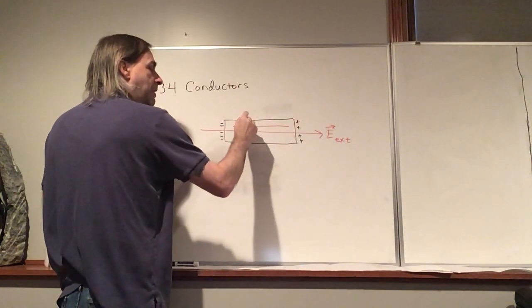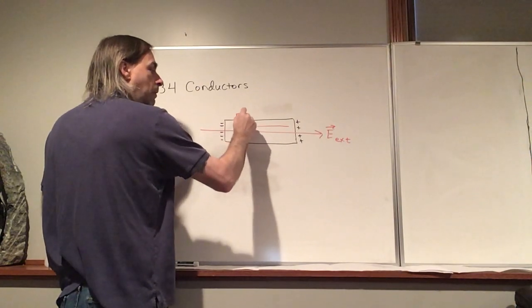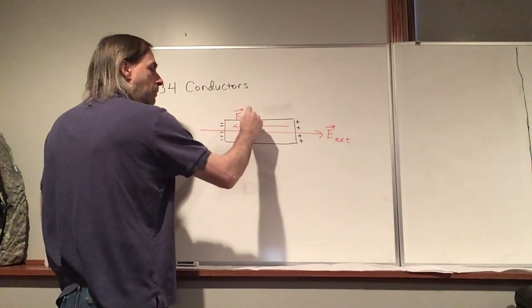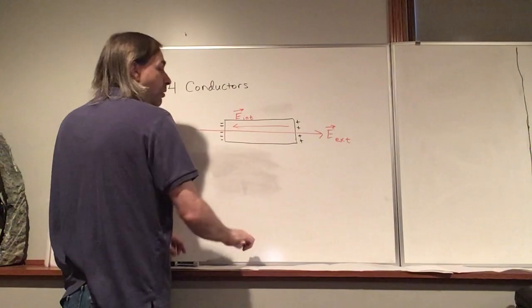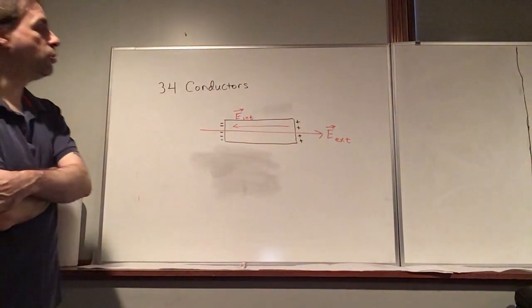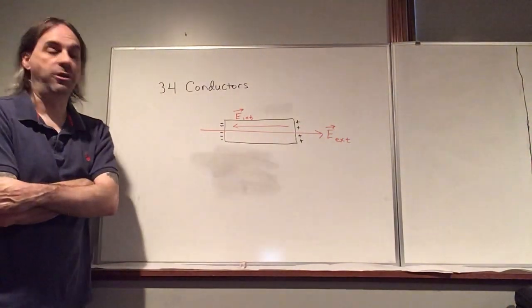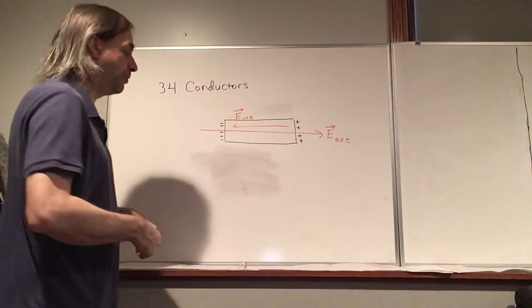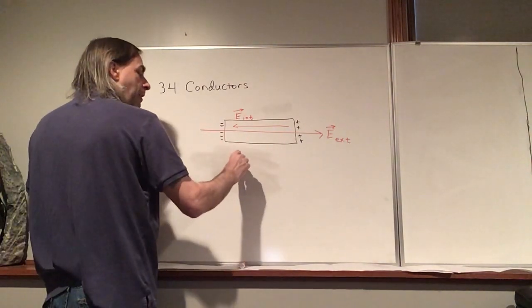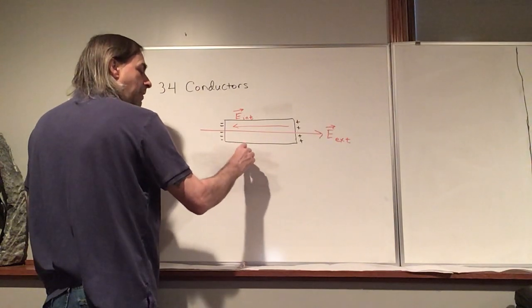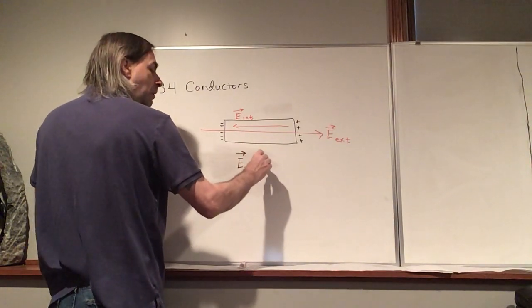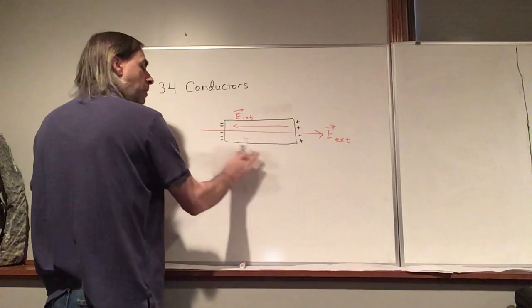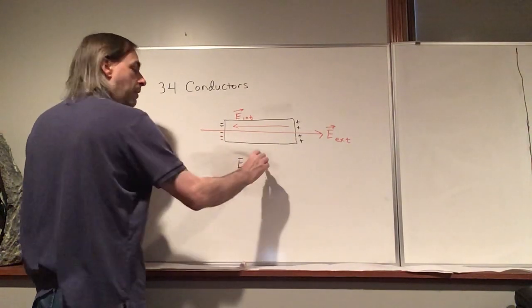I'll call this an internal electric field due to the charge separation, and so they're pointing in opposite directions. Overall, let's look at the magnitude of the electric field inside the conductor.